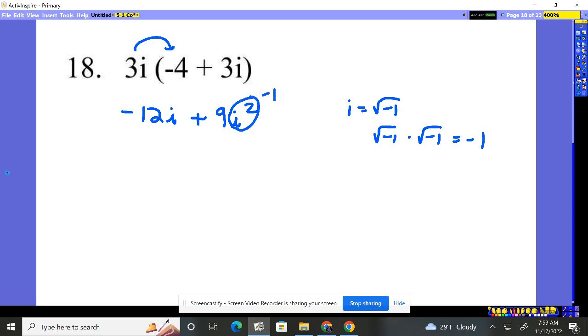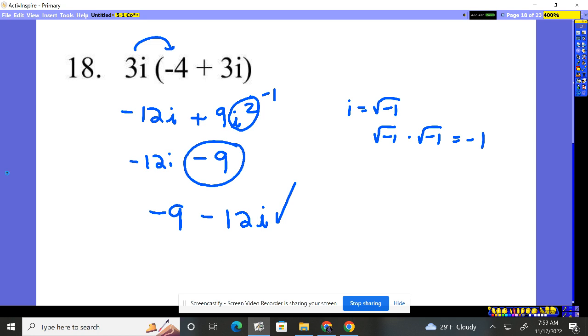That makes that +9 times -1 a -9. So here's what we have. -12i minus 9. Now, we do like to write complex numbers with the real part, which is him, first, and then with the imaginary part second. So this is the way we prefer the answer, -9 minus 12i.